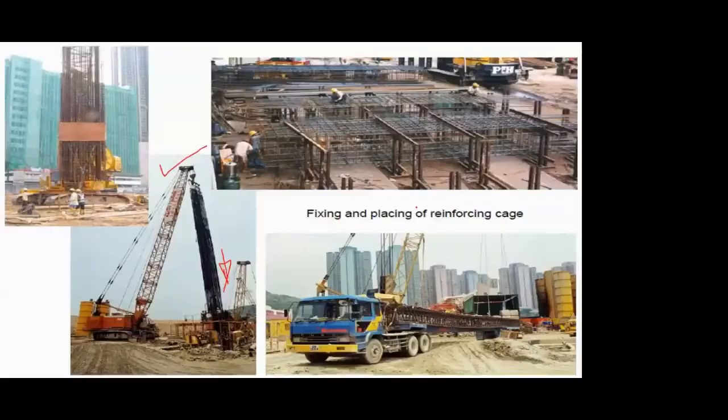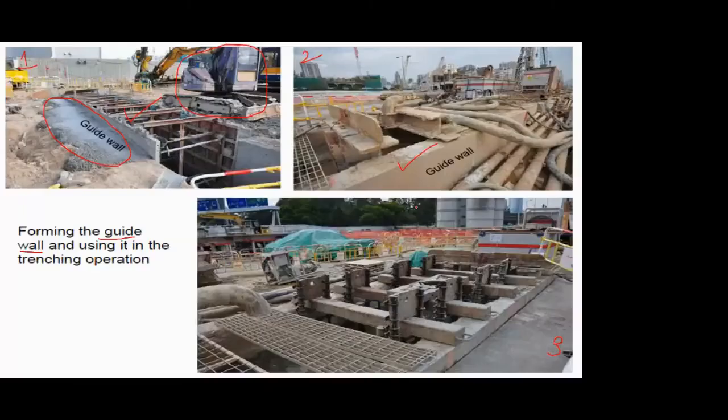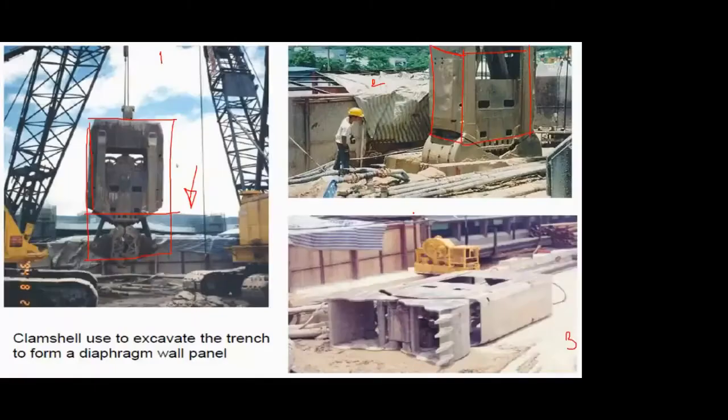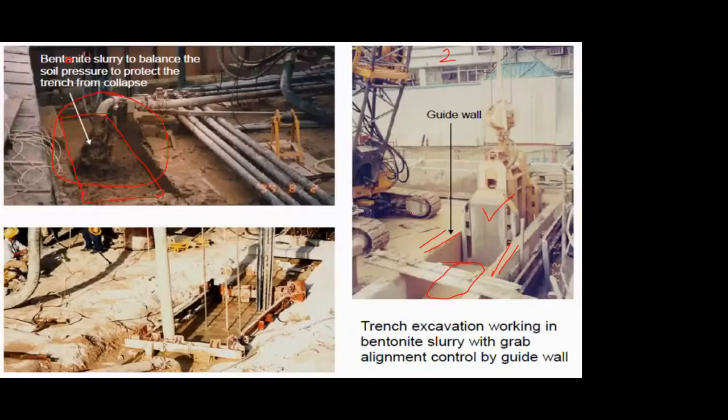So this is all with the procedure. I hope you have visualized it, or I have tried my best to make you visualize what actually goes into a diaphragm wall. First you have a guide wall, then you excavate the trench using a clamshell. To support the trench, you pump in the bentonite slurry.